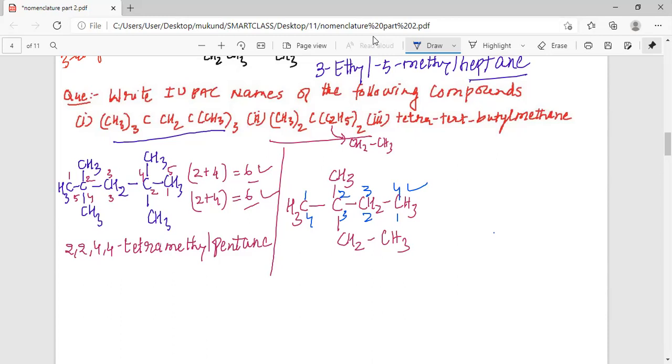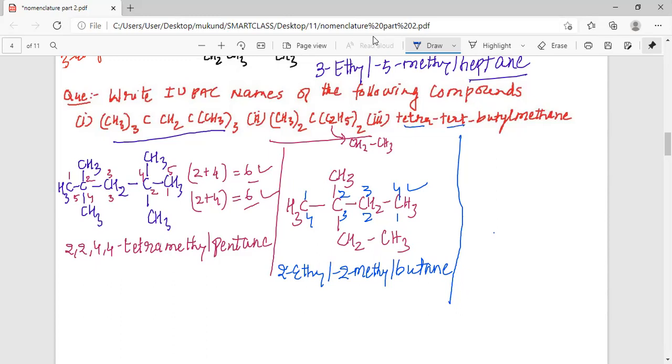Now you can see that on the second carbon we have one methyl group and we have one ethyl group. And the longest chain is of butane. So we can write it as 2-ethyl, 2-methyl butane. So this is how, my dear students, we can write 2-ethyl, 2-methyl butane.